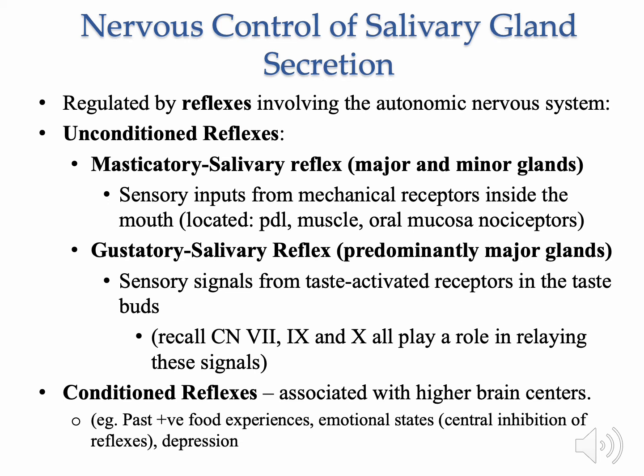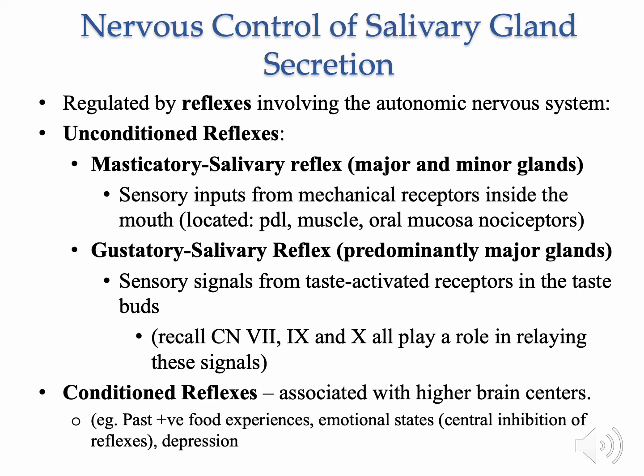These will be located in our muscles of mastication, within pain nociceptors within the oral mucosa, and within the periodontal ligament. When these receptors are activated, we will in turn have a reflex, meaning the message does not go to higher brain function. This reflex will then stimulate salivation.